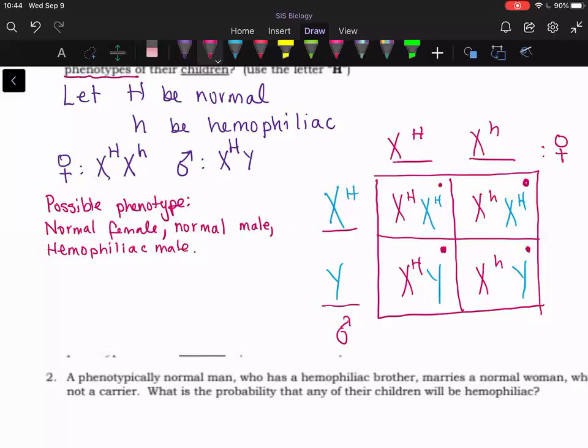You see the two parts to answering what the phenotype is going to be for sex-linked chromosomes. Normal, which is showing the genotype as represented in the phenotype, and then the sex. So you have to say normal female, hemophiliac male. You need those two parts for the phenotype of a sex-linked gene.